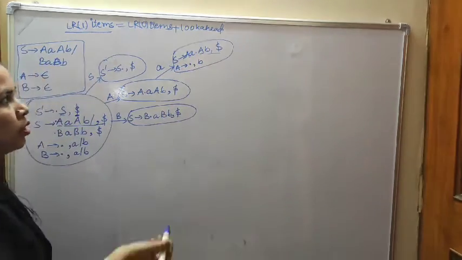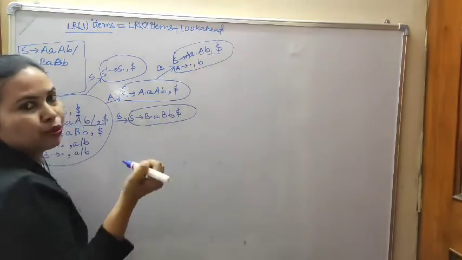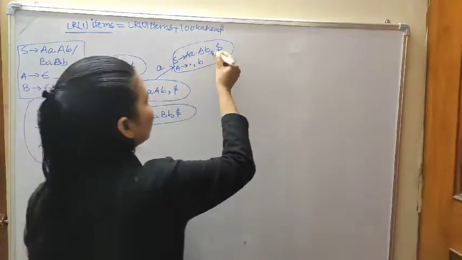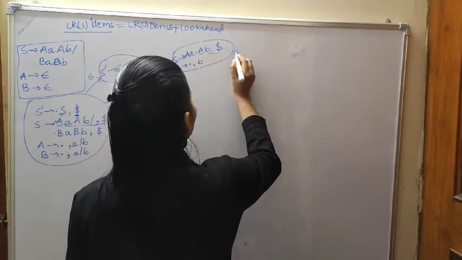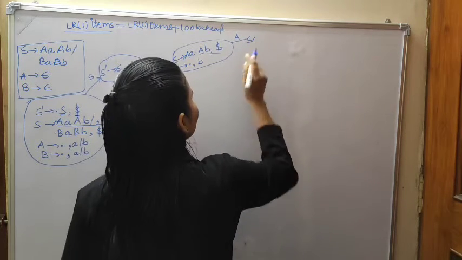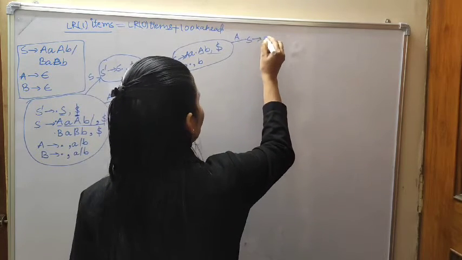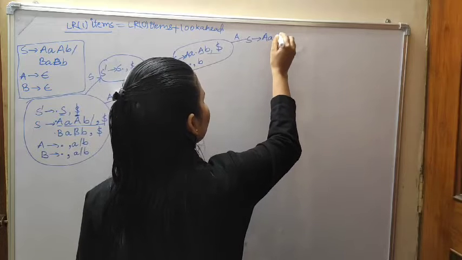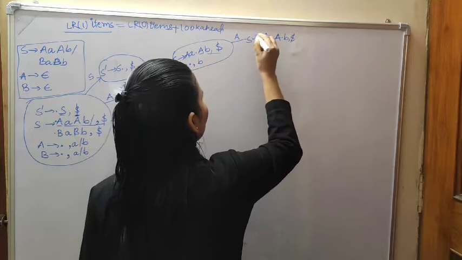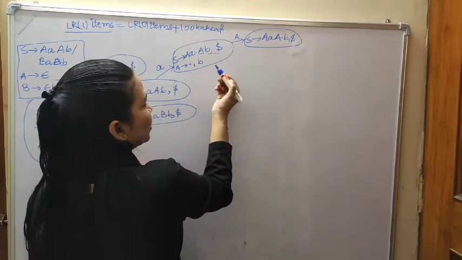Okay, afterwards we will look at it. What is the look ahead given? B. So then B will come. Now we will check it. Let me finish this one. Then afterwards A will come. Then S2 A dot B and look ahead is dollar. And this is the final item.